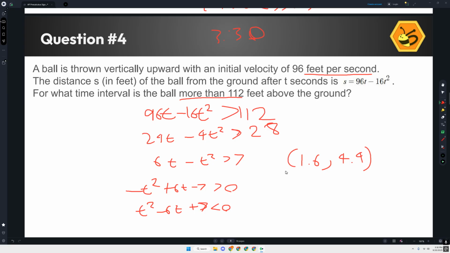It's a domain. It's between 1.6 and 4.4. That's your domain. That's the answer. 1.6 to 4.4 is the time interval where it's more than 112 feet above the ground. Why isn't it in brackets? Because it's greater than, so it's not an included value. The time interval is when the ball is more than 112 feet above the ground.